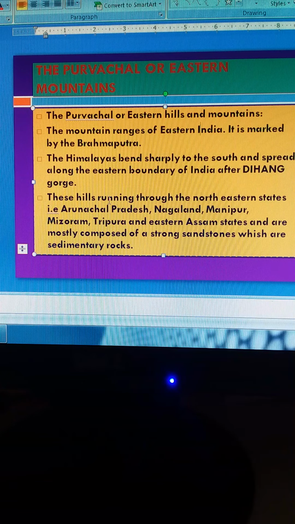These hills running through the northeastern states, that is Arunachal Pradesh, Nagaland, Manipur, Mizoram, Tripura and eastern Assam, are mostly composed of strong sandstone, which is a sedimentary rock.